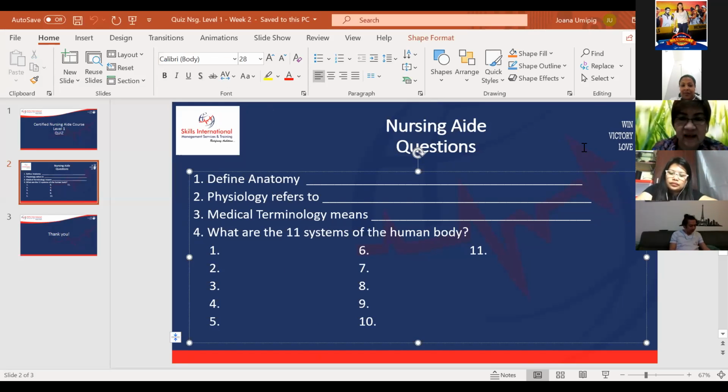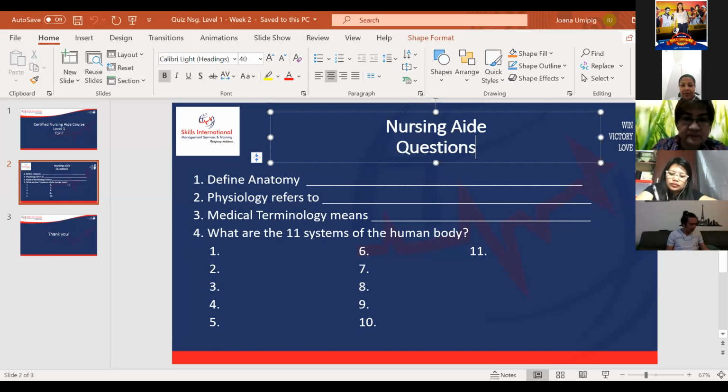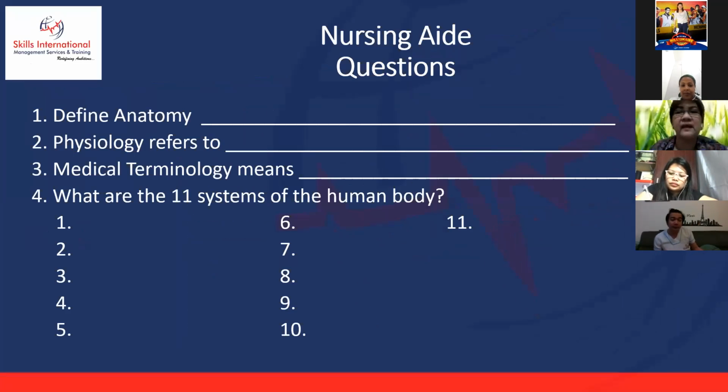You have it in your slides. Okay. So the same thing with your papers, just put your name on the top. And once you have done it, you can just give it back to me. Take a photo and share it with us in our group chat.